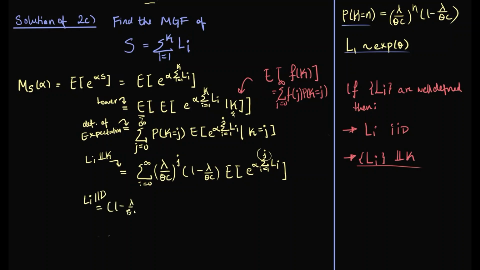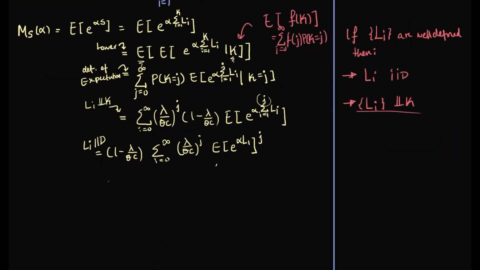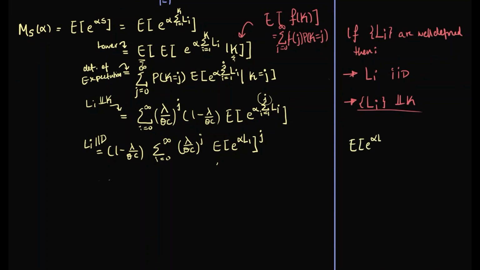In the meantime, we can also take the 1 minus lambda divided by theta c outside. So we take the mean of e to the alpha L1 and then take that to the jth power. Now let us notice what we actually have here: the moment generating function of L1. It can be very useful to calculate that, or if you want, you can also cheat like I did and Google it, or just memorize it.